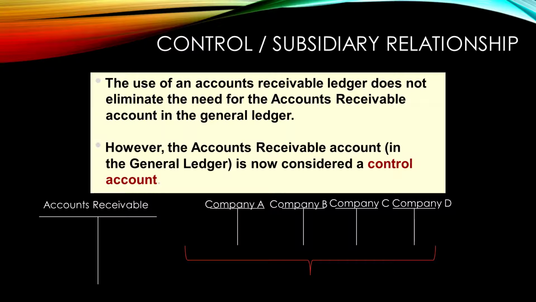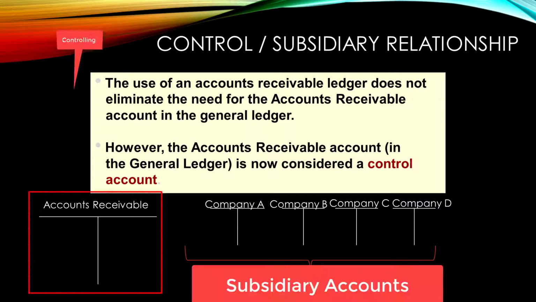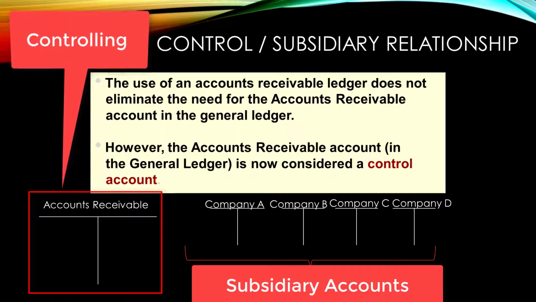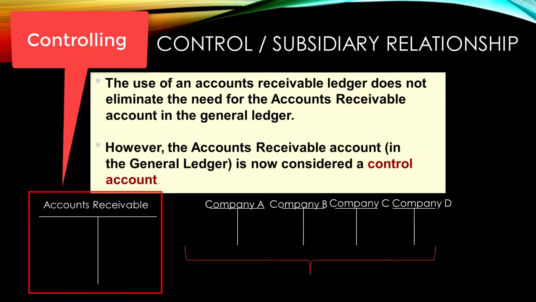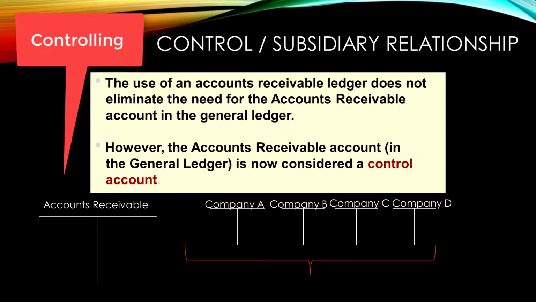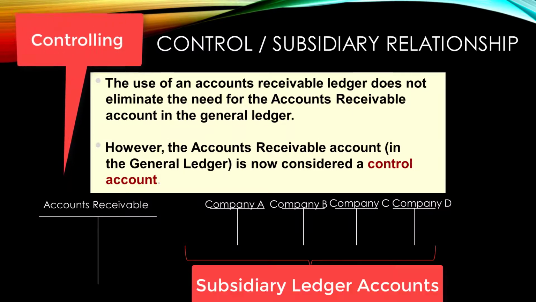The accounts receivable balance in the general ledger will now be called a controlling account. It will still work the same as it has always worked. However, it will now be supported by individual customer balances that will be tracked in the subsidiary ledger. The subsidiary ledger tracks the individual amount owed by each credit customer.